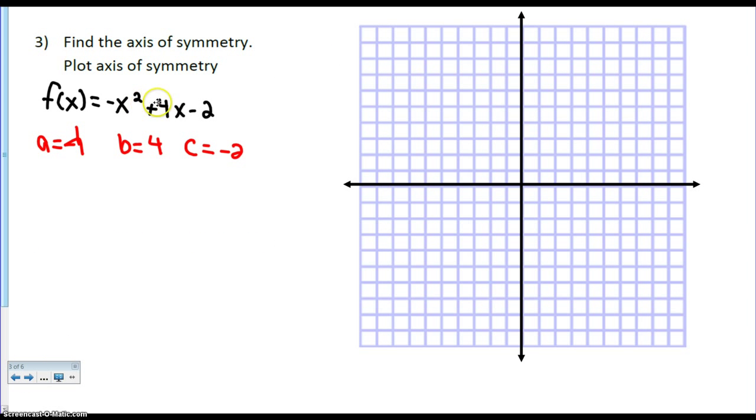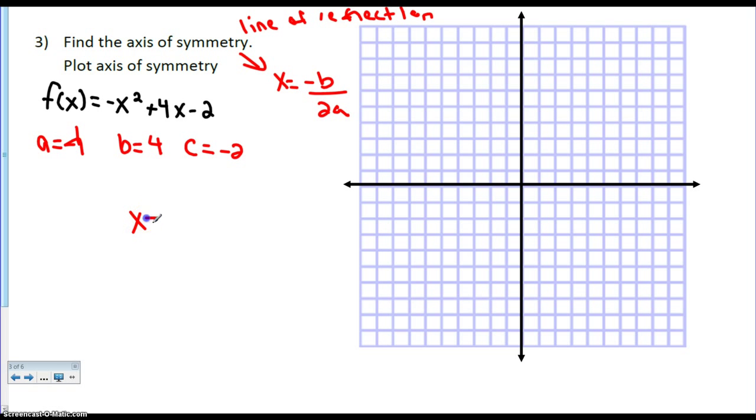Now, the next thing we want to do is find the axis of symmetry. Remember, what is the axis of symmetry? The axis of symmetry is a line of reflection. Okay? It's an imaginary line of reflection, but in order to find it, we're going to have to do x equals negative b over 2a.